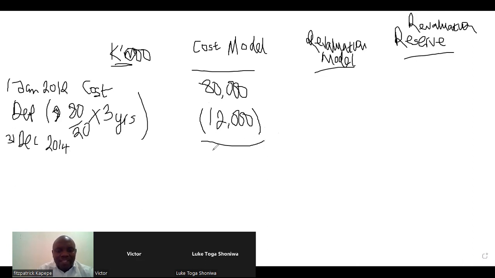So we have 68,000 here. Then on 1st January 2015, you have been told that this asset has been revalued to 95,000, or 95 million.